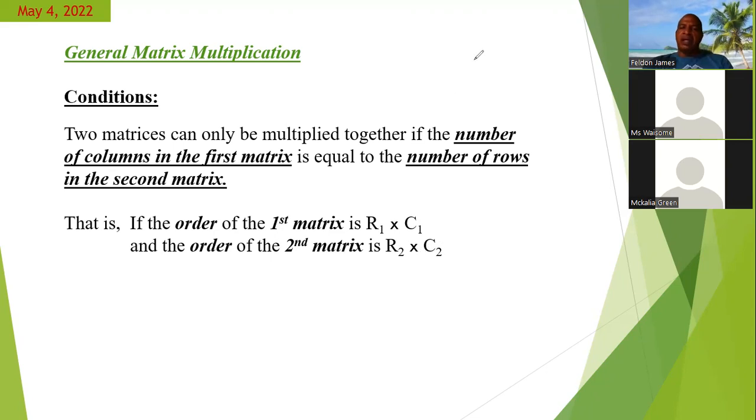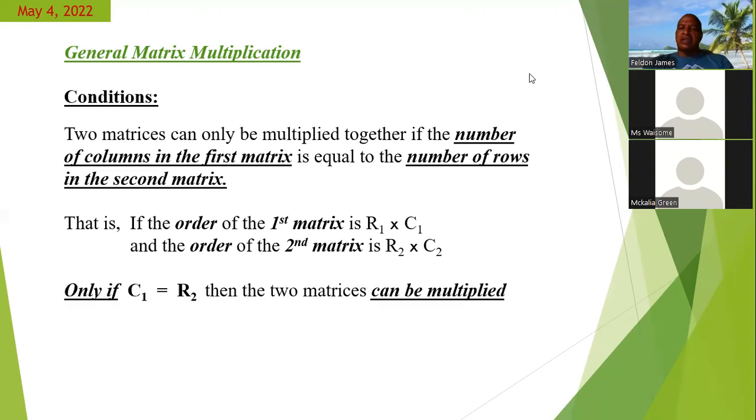Now, how do we know when these matrices can be multiplied? Once we write the order of the matrices, all we have to do is look at the order and see whether the column of the first matrix matches.